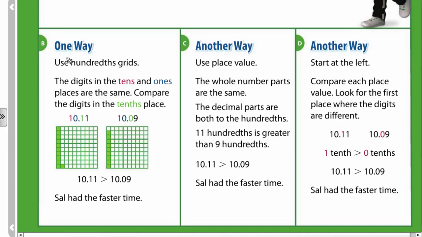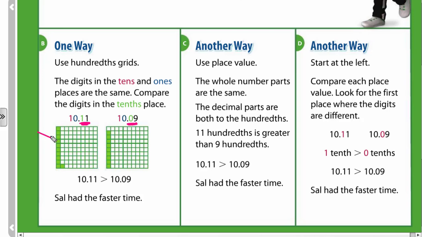Okay, we have one way using hundredths grids. As you can see here, 10.11, or 11 hundredths. So if we use a grid, we will use the same whole numbers. It's 10, 10. So we need to search for the decimal parts.